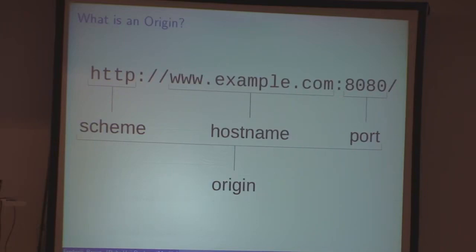If they match, access is granted, and if they don't, access is denied. And there are several terms, like they are in the same origin, or these URIs are of the same origin, or they just are same origin. I will intermix this throughout the presentation. And of course, if a URI doesn't have a port given, you can always assume the default port, like 80 or 443.